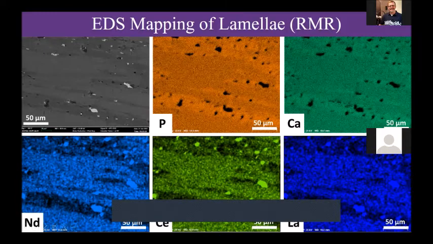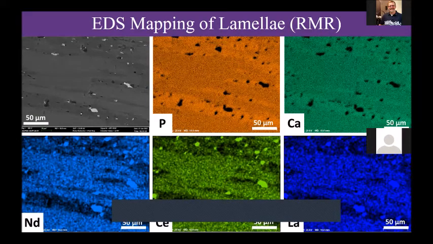So we notice opposite trends in element distribution with phosphorus and calcium and with neodymium, cerium, and lanthanum. The lamellae with lower BSE intensity show an increase in the color in the phosphorus and calcium maps, while there is less brightness in those colors for phosphorus and calcium in the areas of the apatite that have higher BSE intensity lamellae. The opposite is true with the REEs.